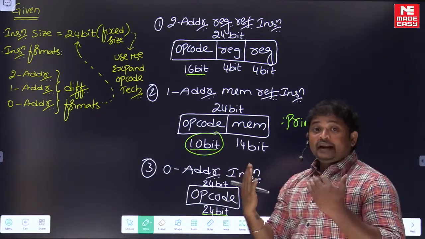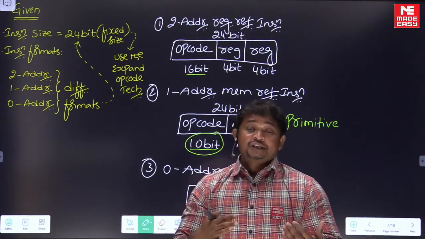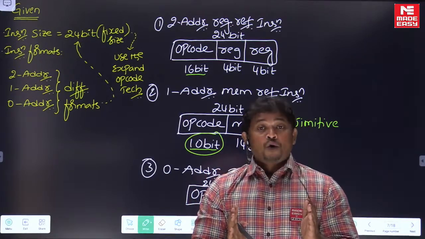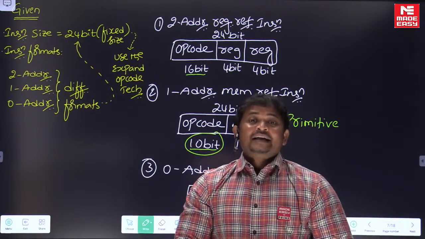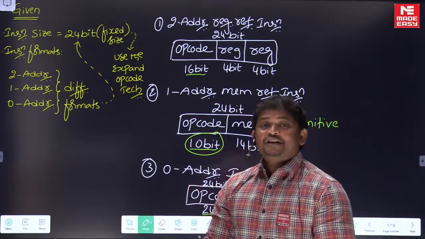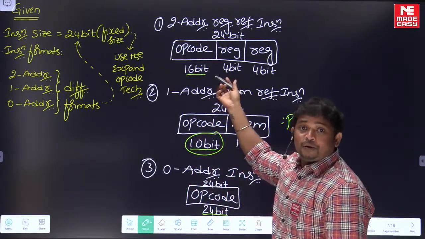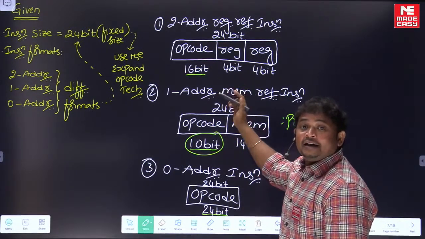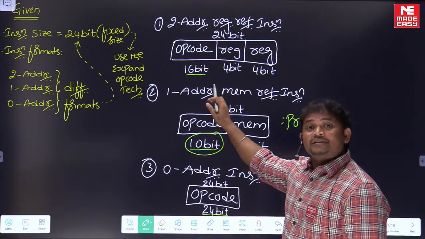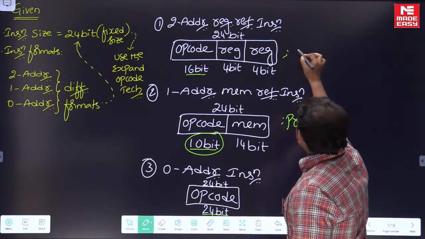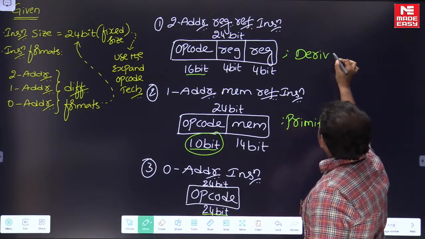Okay, first to design the primitive instructions, identify the free opcodes, and use the free opcodes to design the derived instruction. What is the derived instruction? The next smallest opcode. Next means what? 16 bit opcode and 24 bit opcode. In this, the smaller is 16 bit. Therefore, two address is a derived instruction.